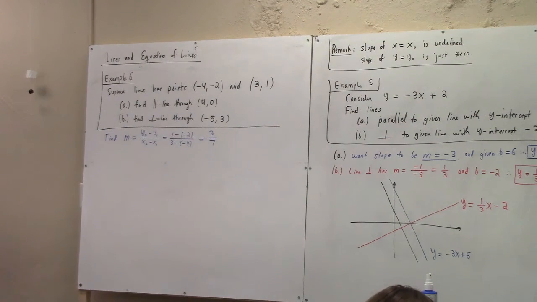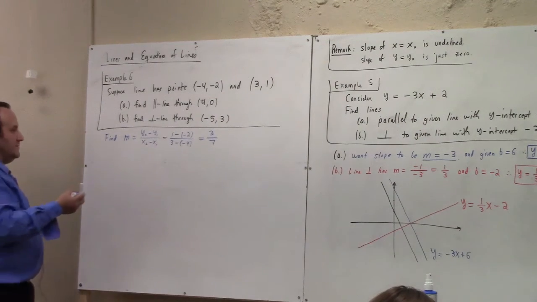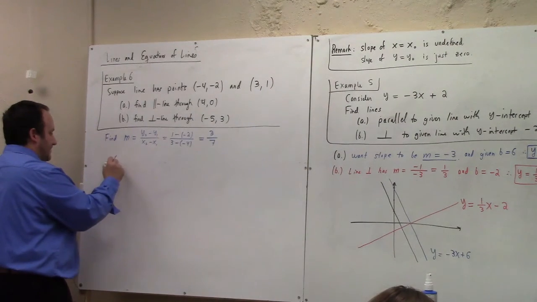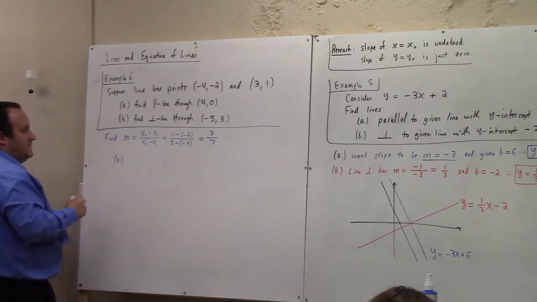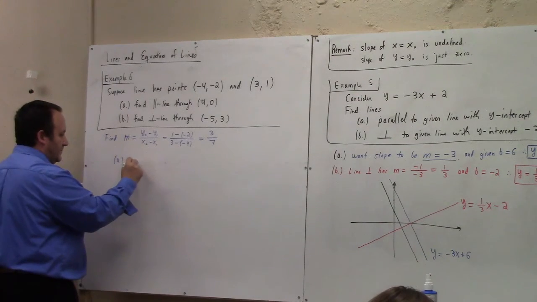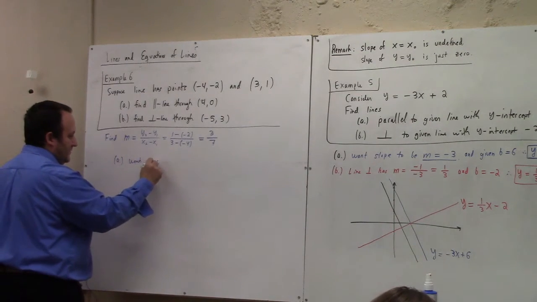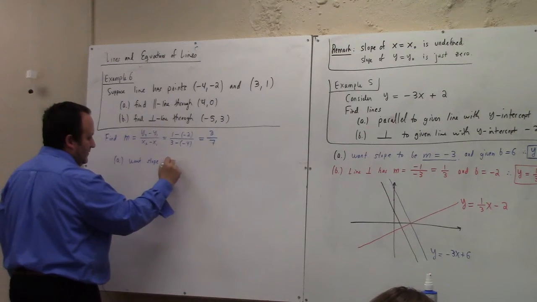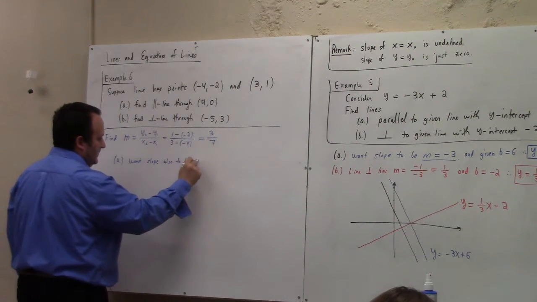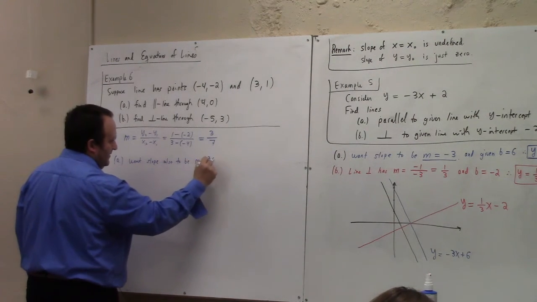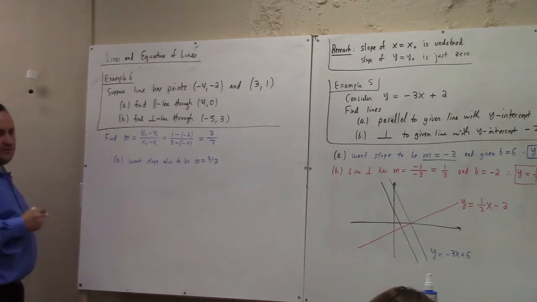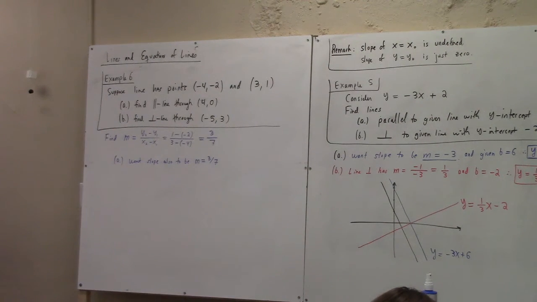Great. All right. So now we can proceed to part A, right? We want the slope also to be 3/7, because parallel lines have matching slope. We know that the point on the line is (4, 0).